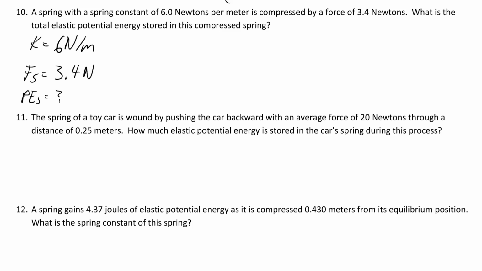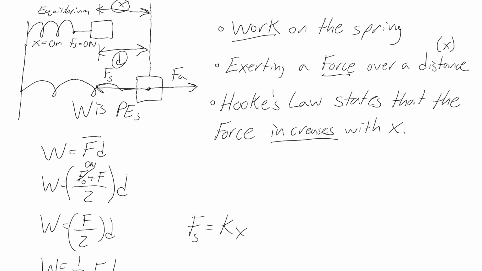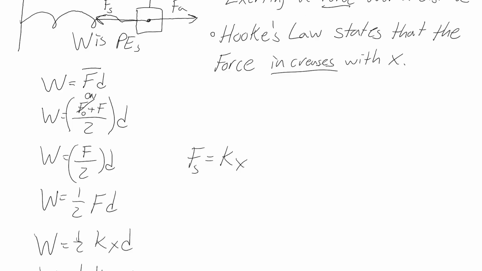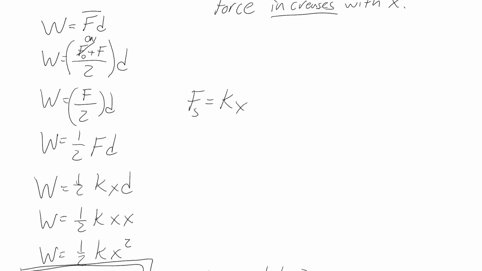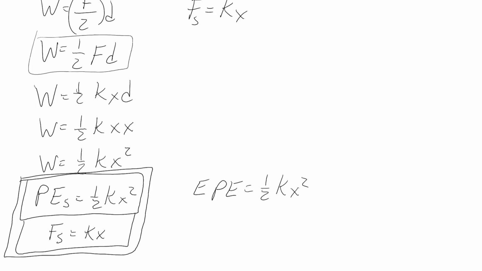If you look back at our derivation, where we figured out where this equation came from, we could have stopped at this point right here before calculating and putting everything in the form that we see on the reference table.